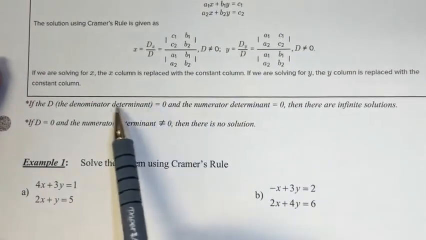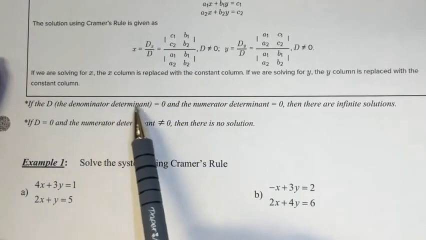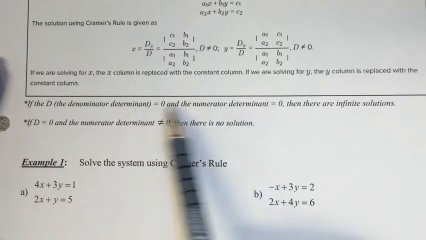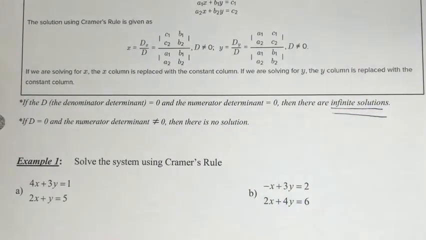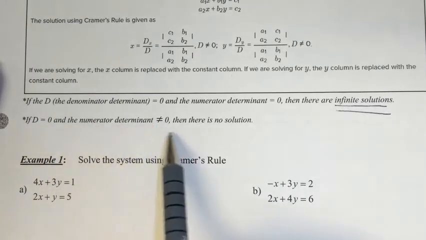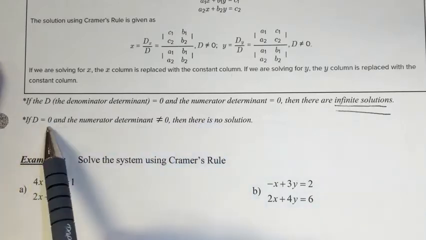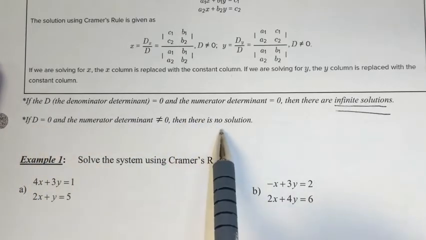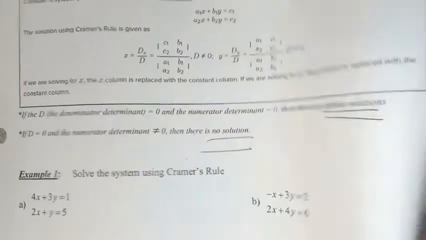Just reviewing that one more time: if the denominator determinant equals 0 and the numerator determinant is 0, infinite solutions means there are many, many solutions. But if the determinant of the denominator is 0, but the numerator is not 0, then there's going to be no solution. And we'll see some examples of that as we go on.